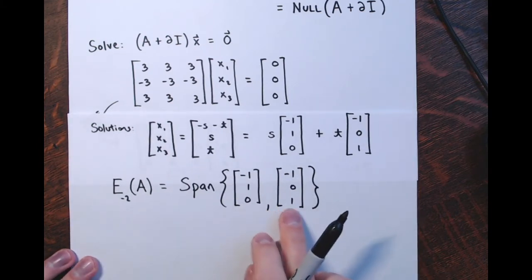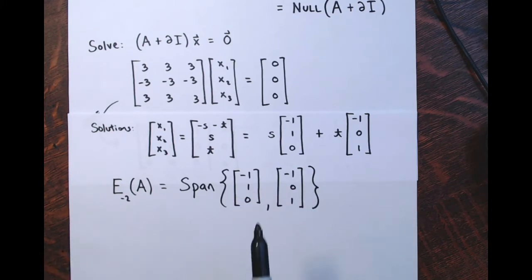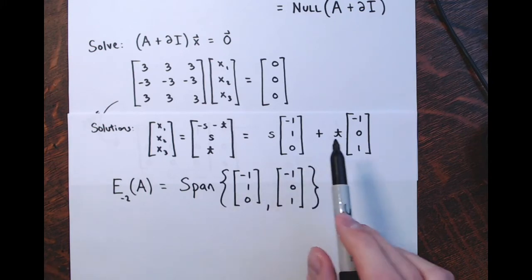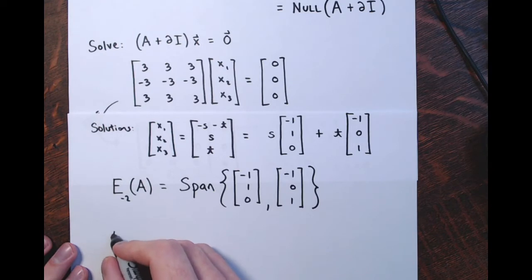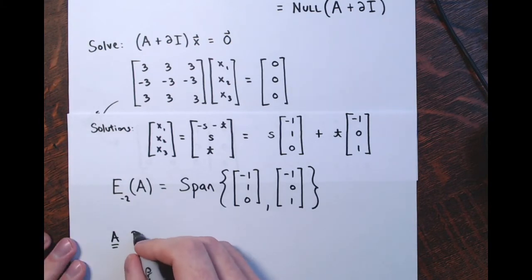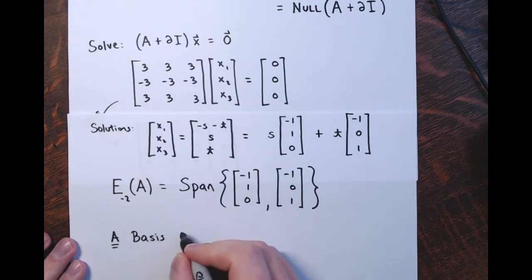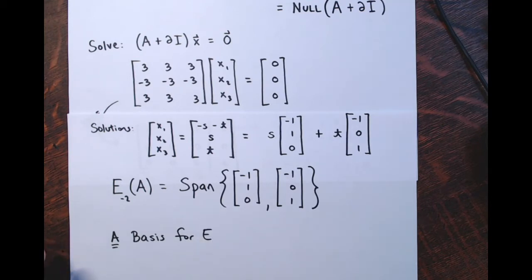And then this set with these two vectors therefore forms a basis, right? Every vector in here is a linear combination of these two, and they're independent. So again, a basis, right? Bases aren't unique, but a basis for this eigenspace, in other words, an eigenbasis, right?